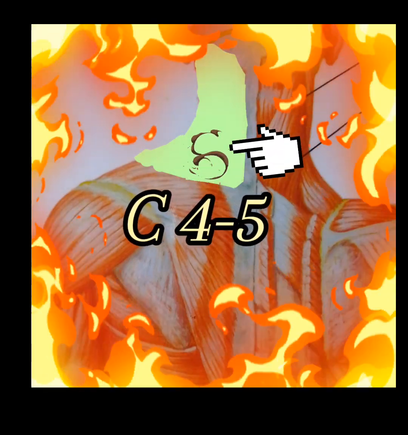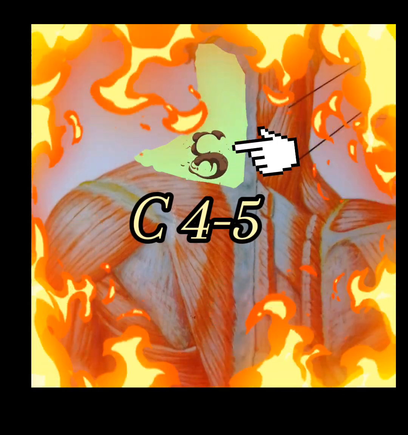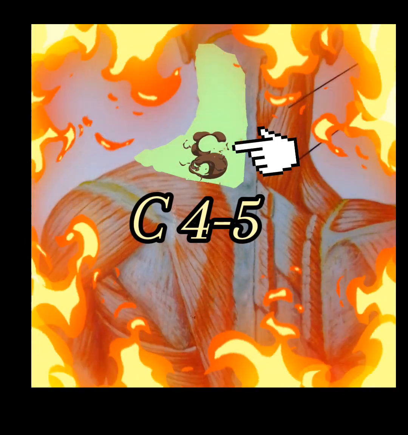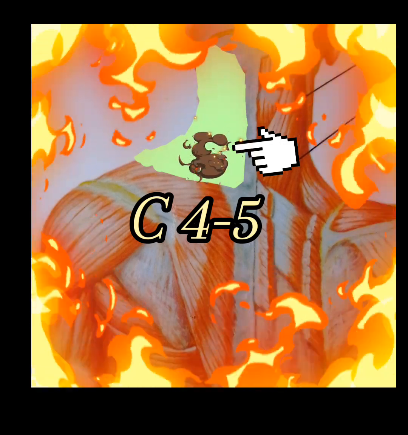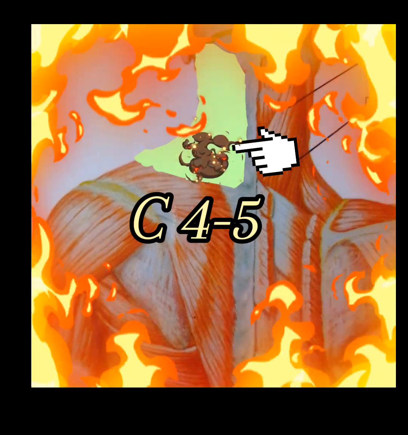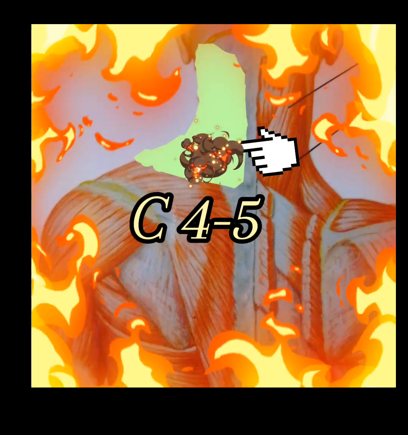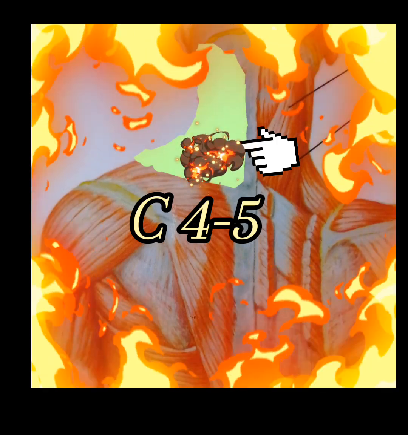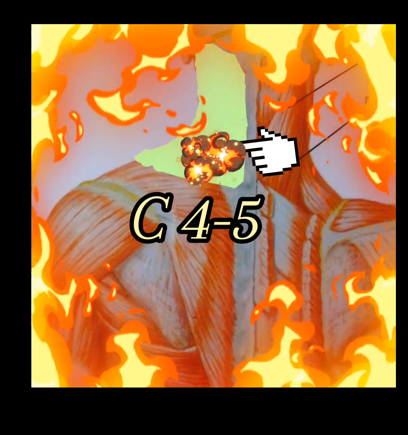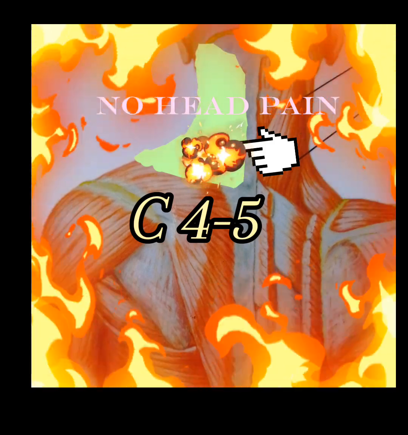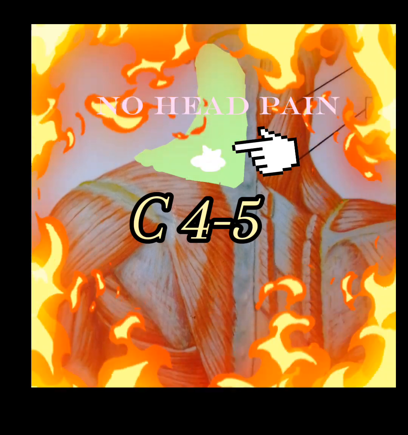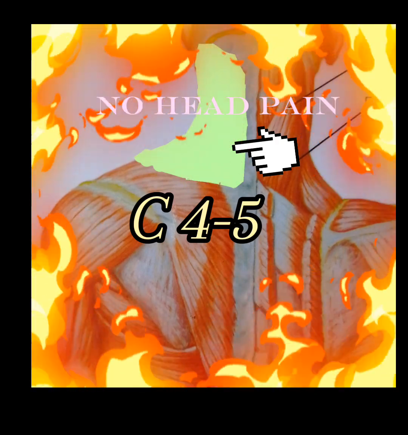Pain from the C4-5 level tends to be focal, centered over the lower posterior quadrant of the neck. It can spread laterally into the uppermost and proximal region of the shoulder girdle and upwards to the suboccipital region.